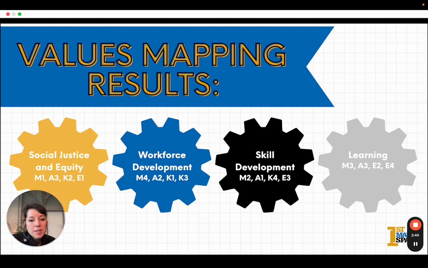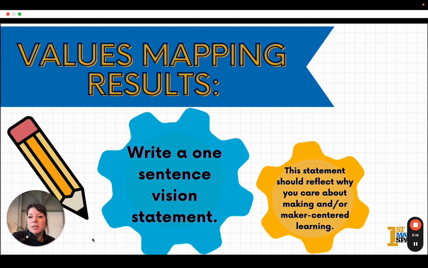But this helps you to identify if, as a group, you are really focused in on your makerspace providing learning for your students, or the young people that will be working in there. If it's more geared towards workforce development, then that becomes more of the vision that you're looking for. If it's more about social justice and equity, then that's going to hone in your vision. So this will give you just a way, again, to narrow down that statement.